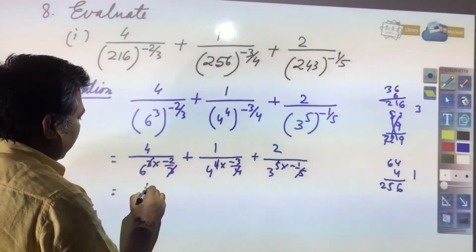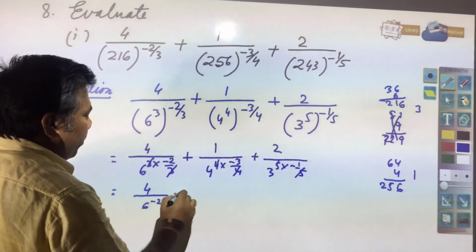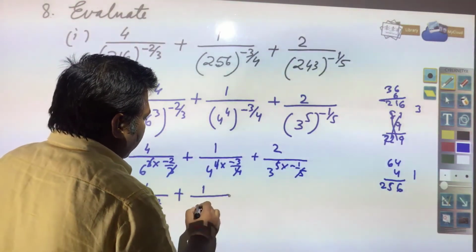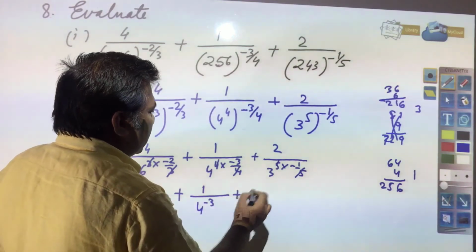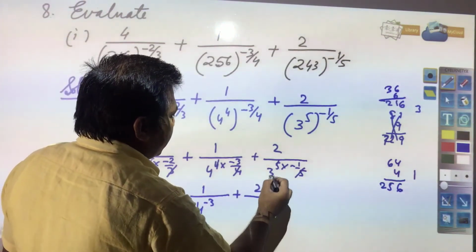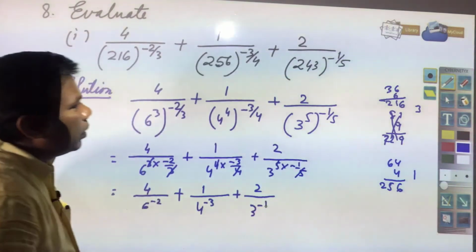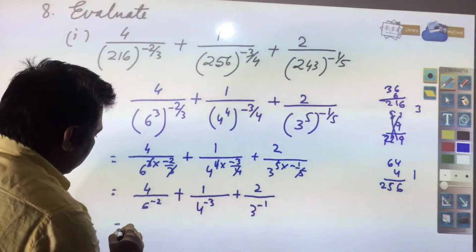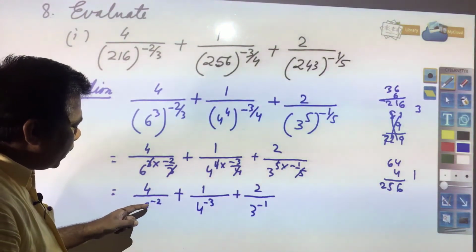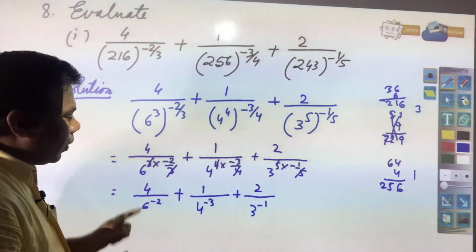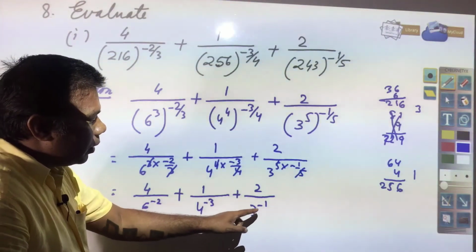You will get 4 by 6 to the power minus 2 plus 1 by 4 to the power minus 3 and plus 2 by 3 to the power minus 1. So you will get, see, 4 by 6 to the power minus 2 means inverse of 6 square, inverse of 4 cube, inverse of 3.